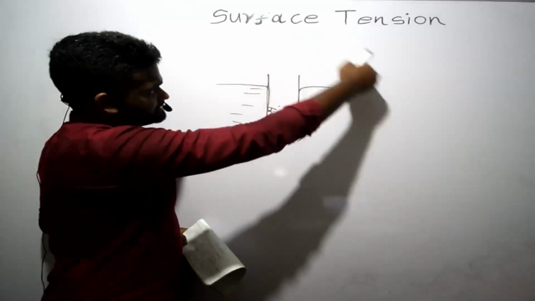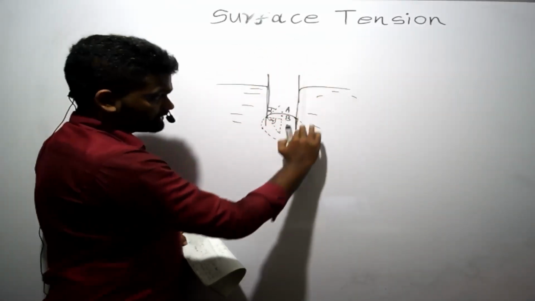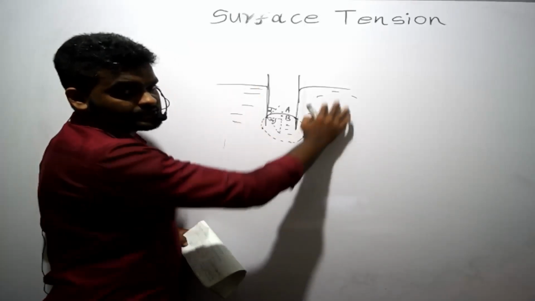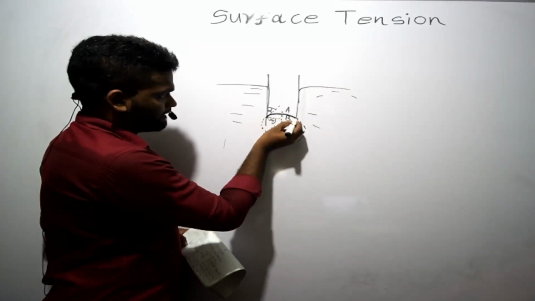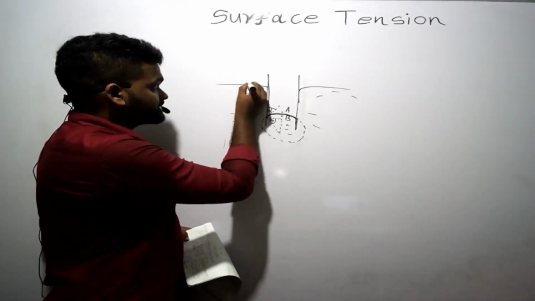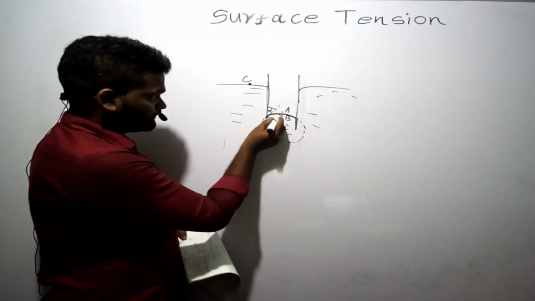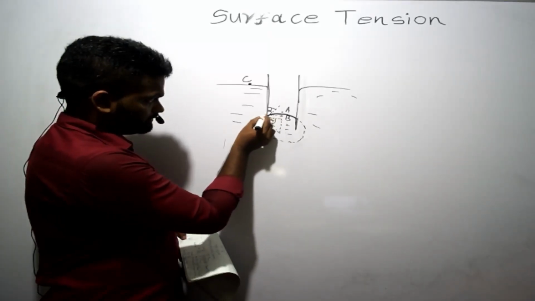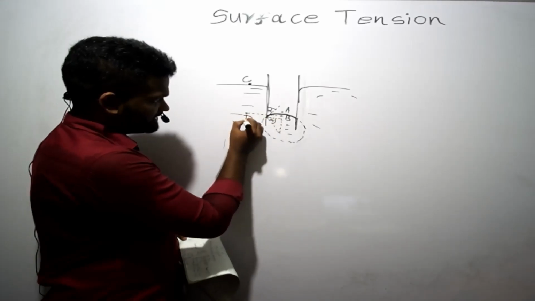In this space, it is air. Around it, it is mercury. Then let's consider a point here, C, and a point at the level of B. Let's say it is D.